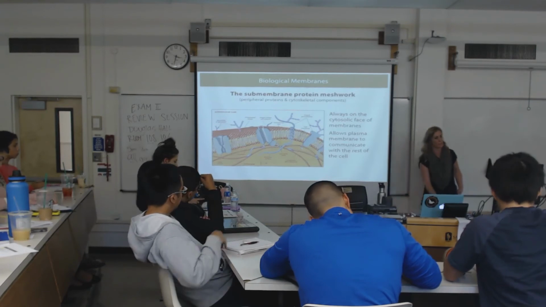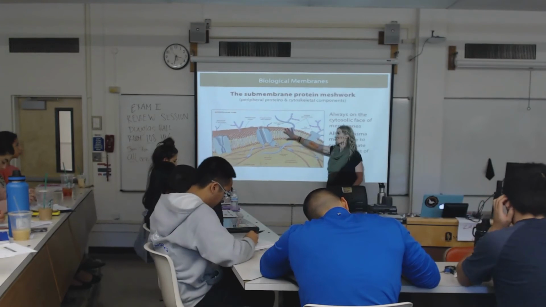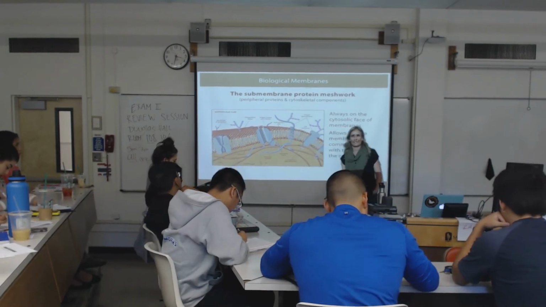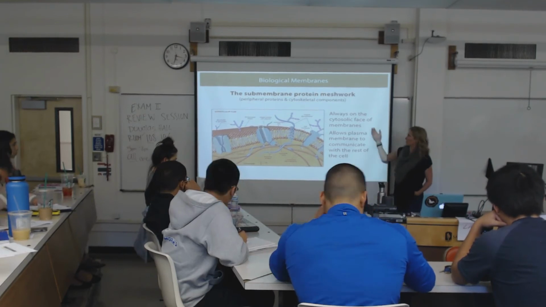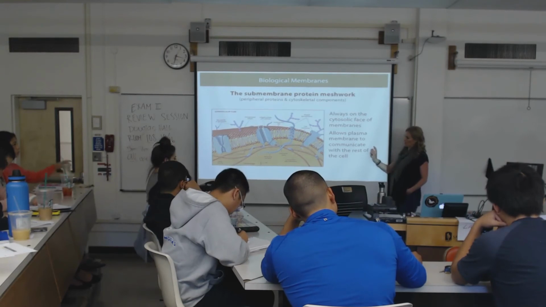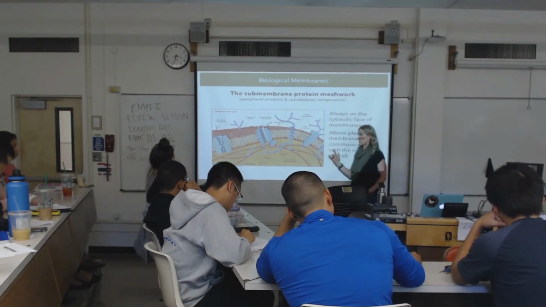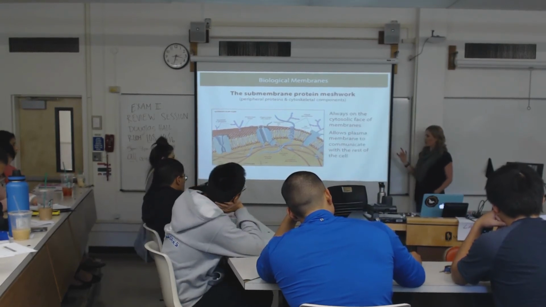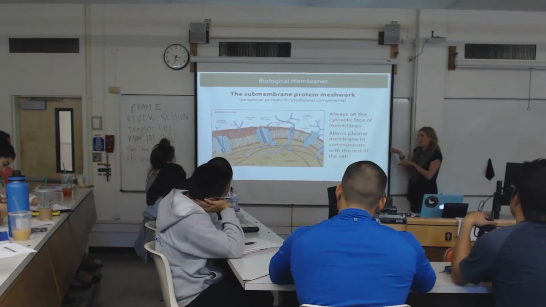And then the submembrane protein network I mentioned. Here's an image of just the plasma membrane. Submembrane protein meshwork exists on all membranes, and it's regarded as the cytosolic side of the membrane that is just under the membrane and is composed of a bunch of proteins that are more peripherally attached to the membrane.